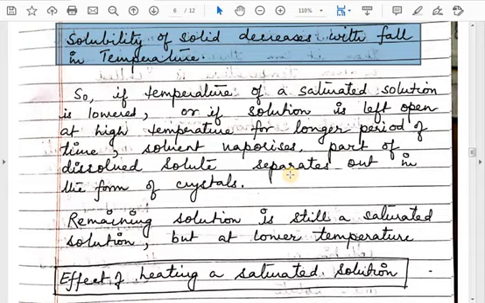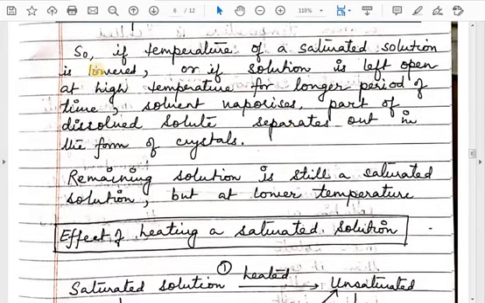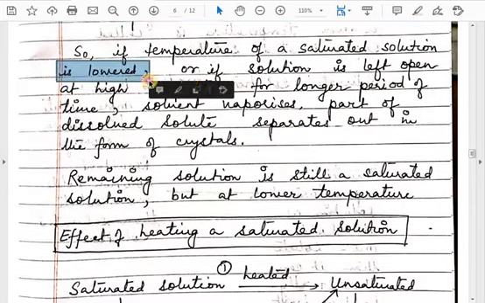So if the temperature of a saturated solution is lowered, or if the solution is left open at high temperature for a longer period of time, the solvent vaporizes, and part of the dissolved solute separates out in the form of crystals.